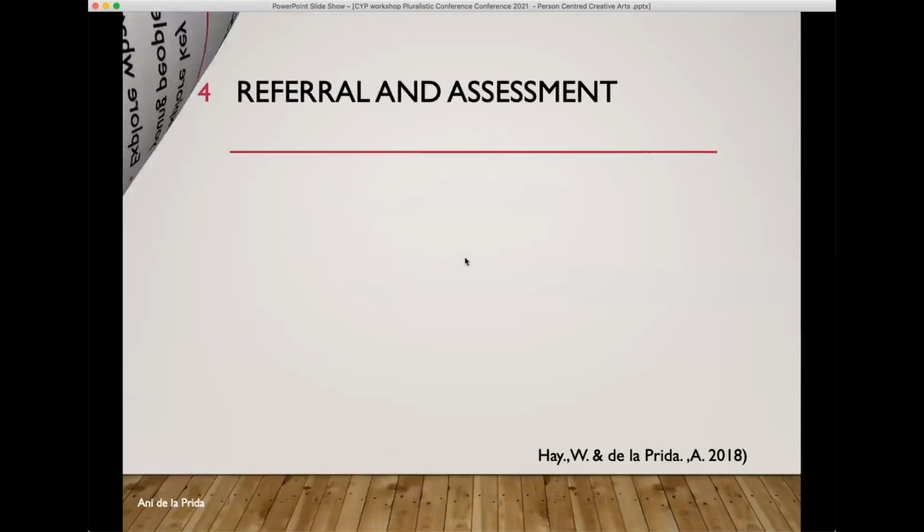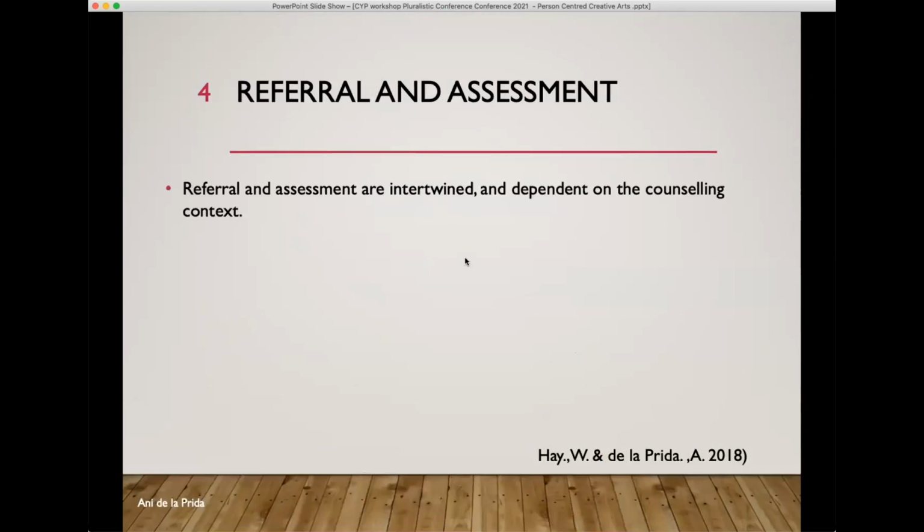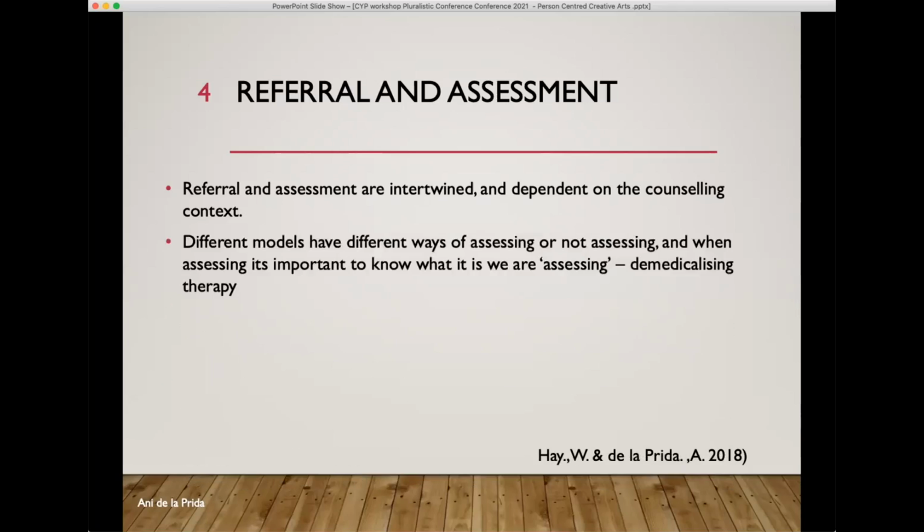One of the first things to say is that referral and assessment are intertwined, and they really are dependent on the counselling context. When there is a referral, the structure of the context of the counselling often determines what information is sought, as well as the model.